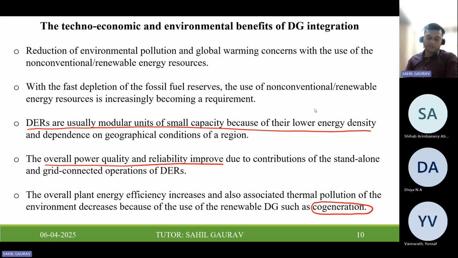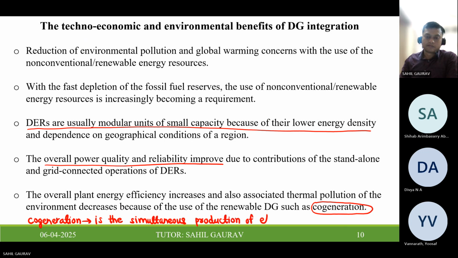You can go through the SAS lecture also, and here I am just quickly revising all the theory part. Cogeneration is the simultaneous production of electricity and useful heat.